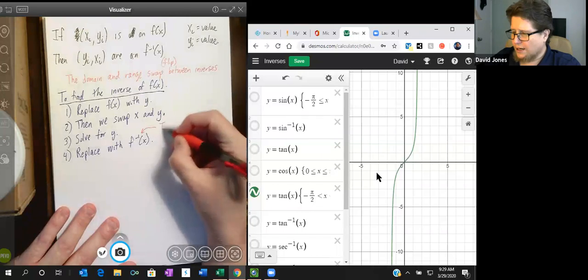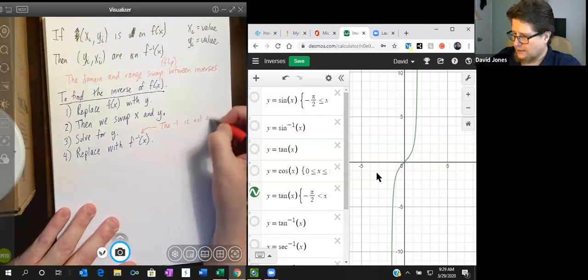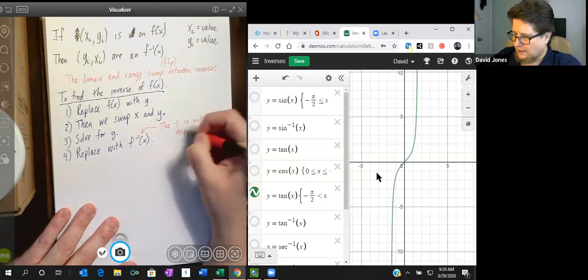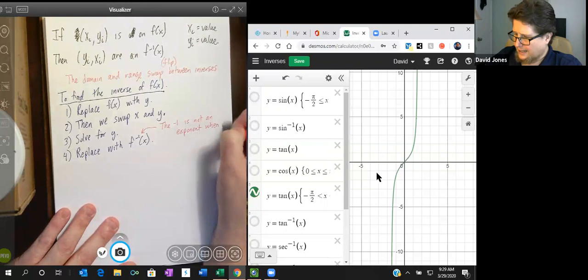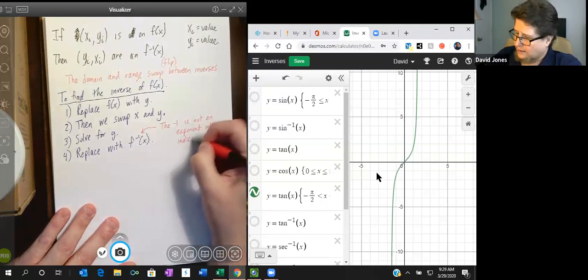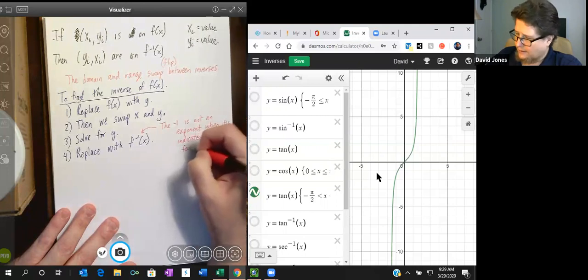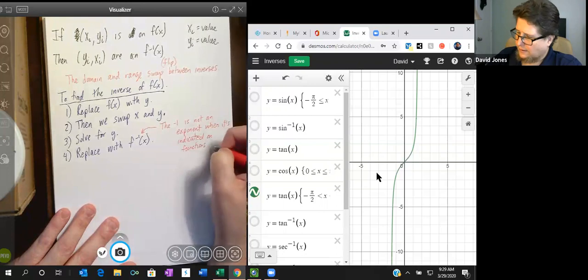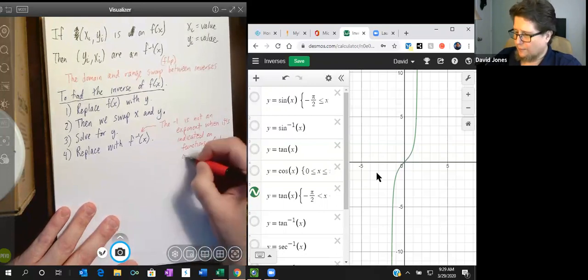The negative 1 is not an exponent when it's indicated on functions like these. Only on a variable will it mean an inverse.